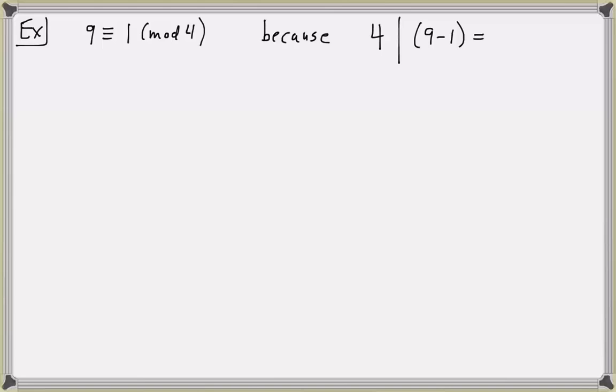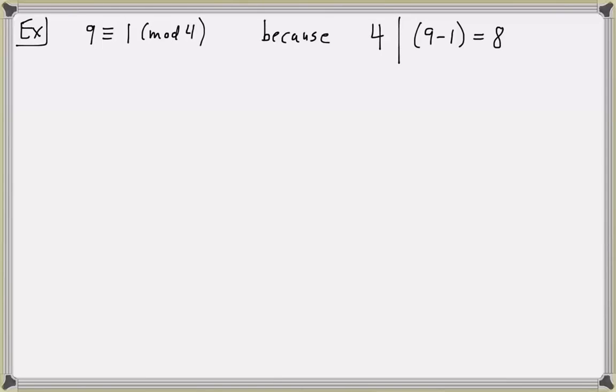Let's look at some quick examples of congruences. 9 is congruent to 1 mod 4, because by definition, 4 divides 9 minus 1, which equals 8.